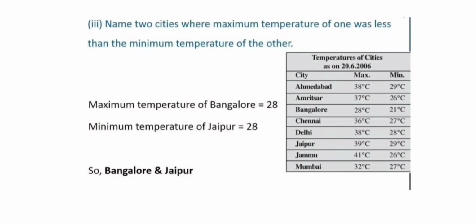Name two cities where the maximum temperature of one was less than the minimum temperature of the other. The maximum temperature of Bangalore is 28 and the minimum temperature of Jaipur is also 28. So the answer is Bangalore and Jaipur.